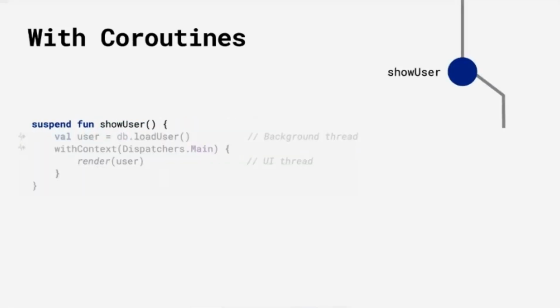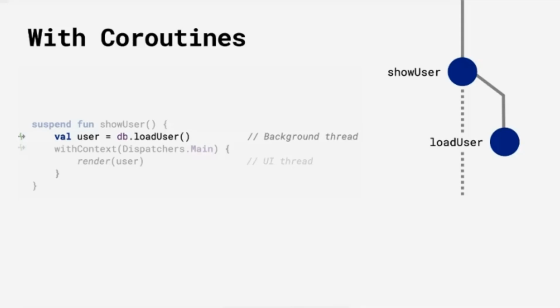So let's look at how this internally works. When the show user function is called, it shifts to the background thread, since it is marked as suspend. And then it calls the load user function in the background thread. And as you can see, the main thread is still continuing to go on, while on the other thread, the database operation is going on.